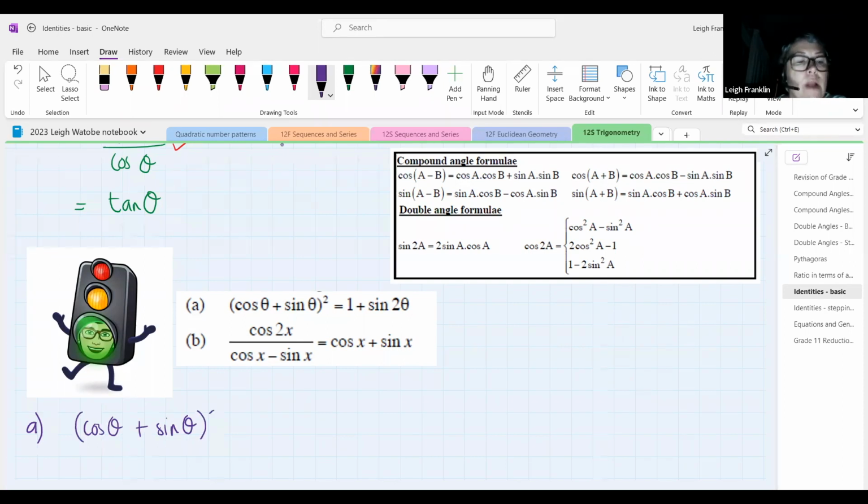Okay, so in other words, when you've got cos theta plus sine theta squared, you are multiplying that bracket by itself. So did you write what I'm writing on the screen at the moment?